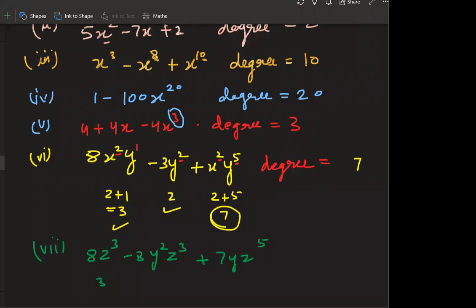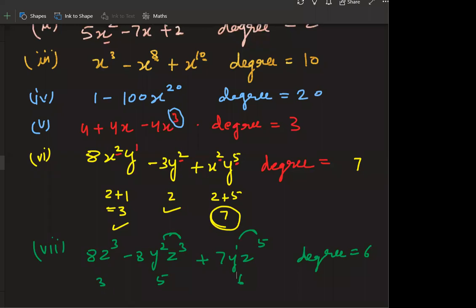In this term, the degree is 2 plus 3, 5. In this term, the degree is 5 plus 1, 6. So the degree is 6. Degree is 6, not 5. जब एक ही टर्म में टू वेरिएबल हो तो वी हैव टू ऐड दी पावर्स. ओके, यहाँ पे इस टर्म में हाईएस्ट डिग्री 3 है, इस टर्म में 2 plus 3 5, and 1 plus 5 6, so the degree is 6.